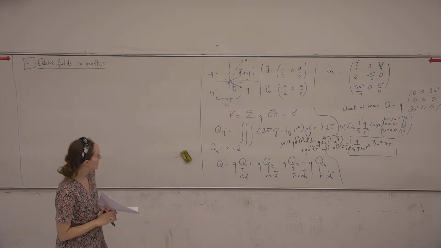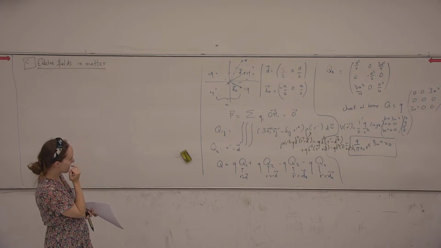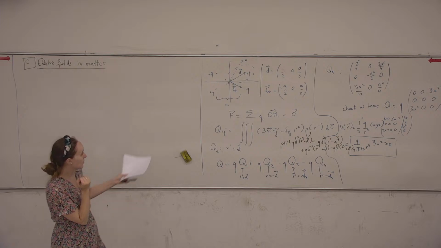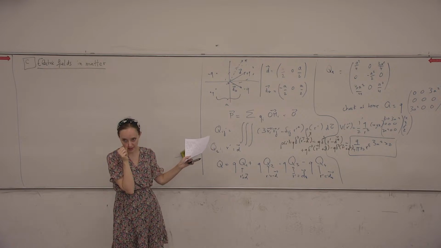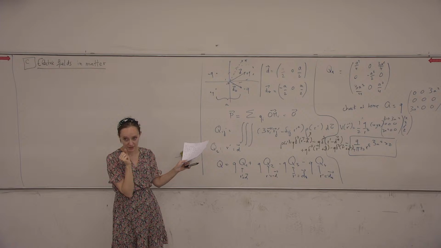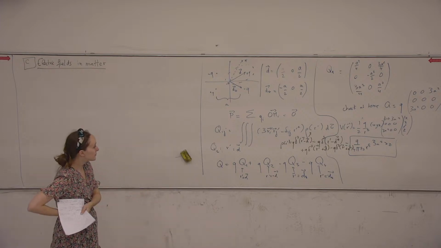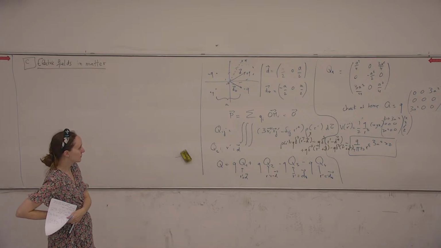How do we calculate Q in the general case when it's not a physical quadrupole? So this is the integral in the general case. But the index i and j is going to be infinitely many charges, no?